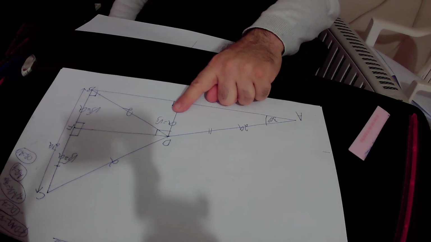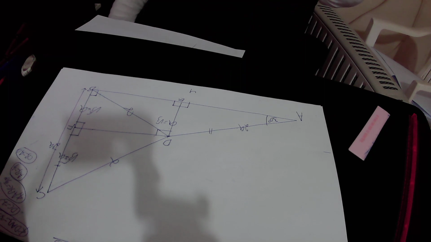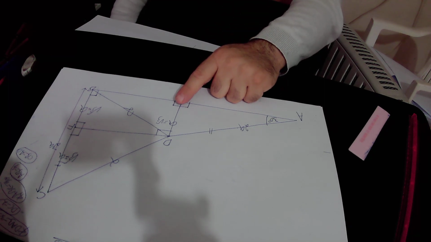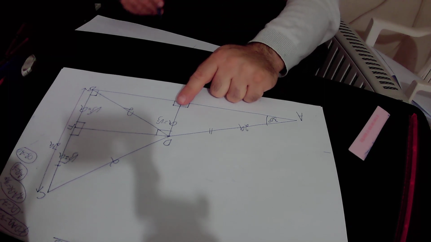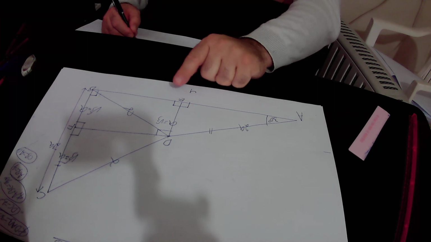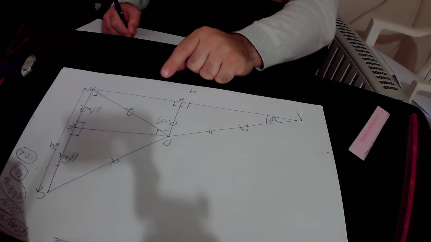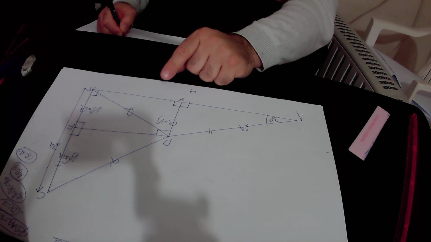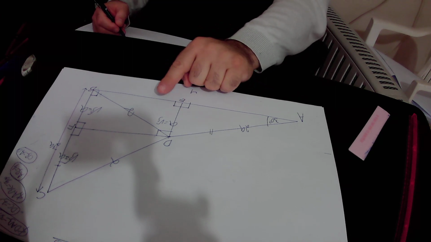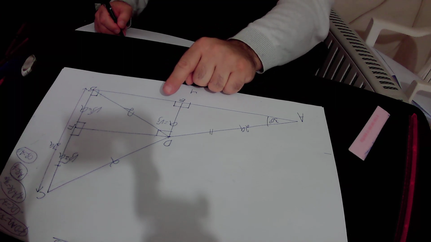Here DE equals square root of 3, so DE square is 3, plus EB square. This is the missing variable, so we'll leave it as it is, equals DB square. DB equals 2, so DB square is 4.